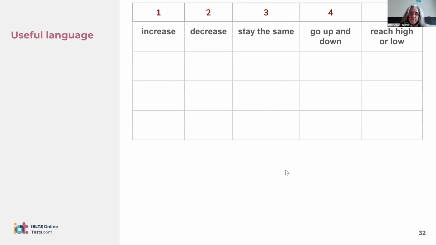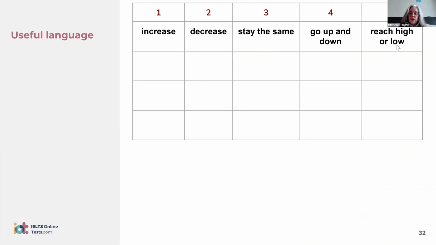So we saw a graph showing an increase, a graph showing a decrease, a graph where things stay the same, a graph where things go up and down, and we saw a graph that reaches a high point, but you could also have a graph that reaches a low point as well.